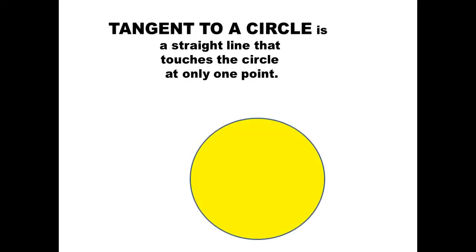So, a circle, a straight line touches the circle. All the straight lines here touch the circle at one point. Okay, so you call it a tangent to a circle.